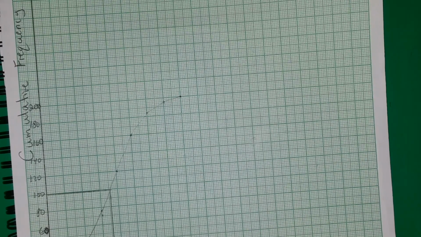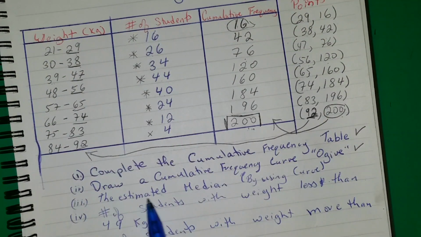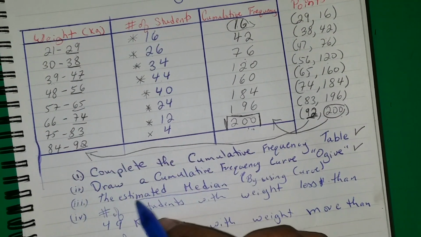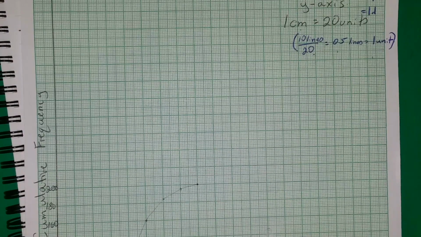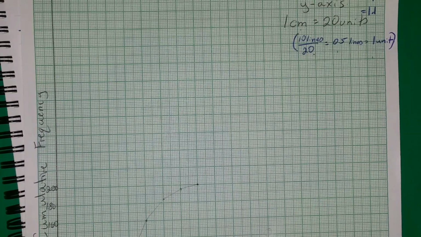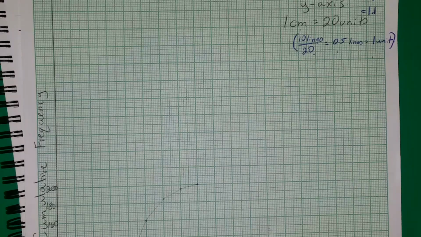I put it as 53. Now notice that this is the estimated median. So that means that you might be off by a little bit, right? You might be off by a little bit, but everything is going to be just fine, right?